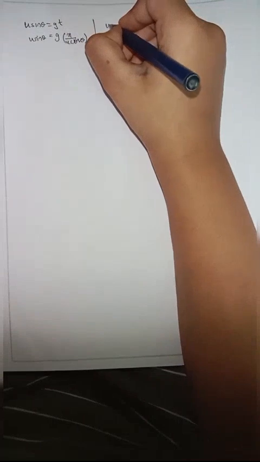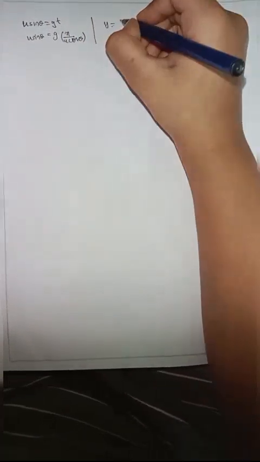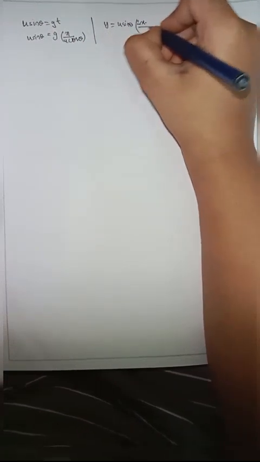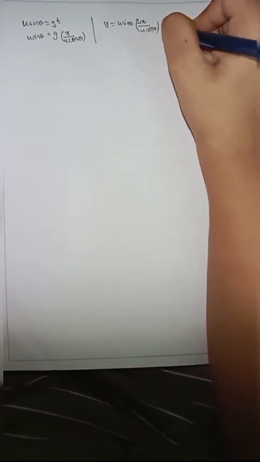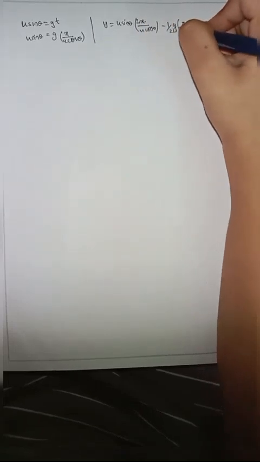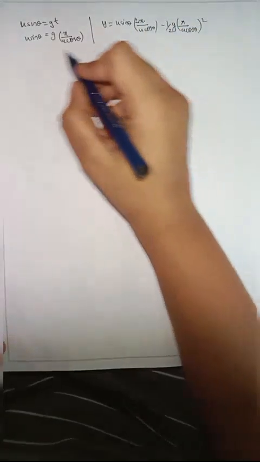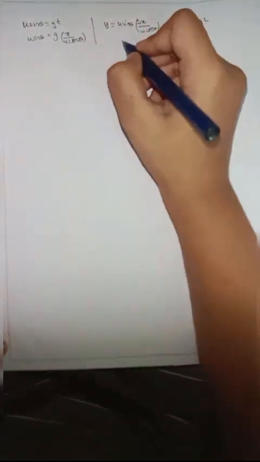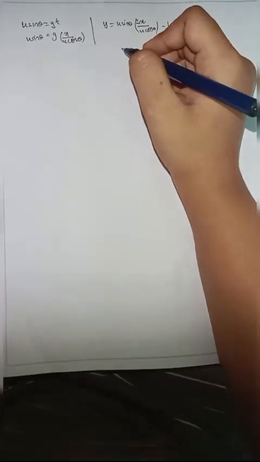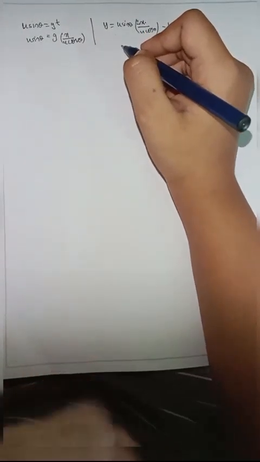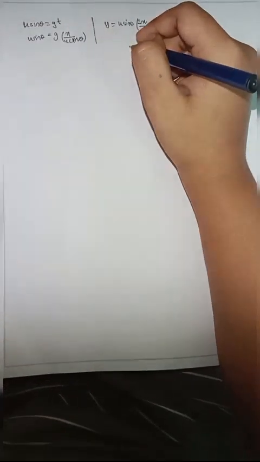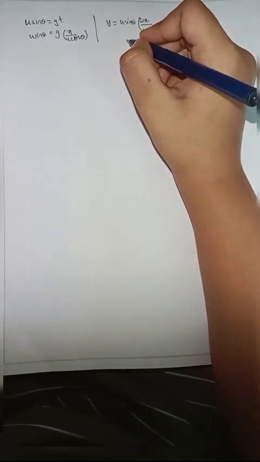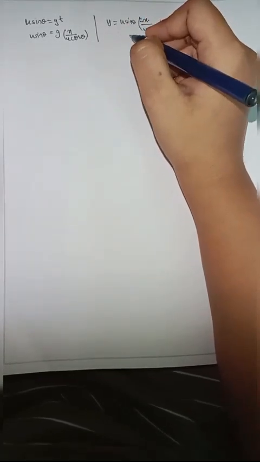If you substitute this in the equation of the projectile, y equal to u sin theta x divided by u cos theta minus 1 by 2 g x divided by u cos theta the whole square, in place of u sin theta you can substitute, or you may take this equation as for maximum height.